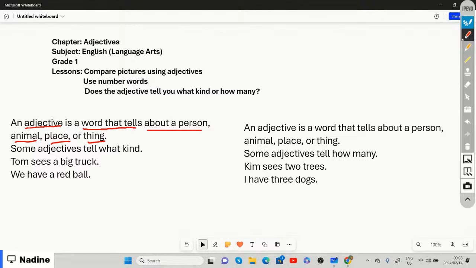And the adjectives that tell you what kind. For example, it says, Tom sees a big truck. Which means that our adjective over here will be big, right? Because now you ask yourself, what kind of truck did you see? And then you say, I saw a big truck.